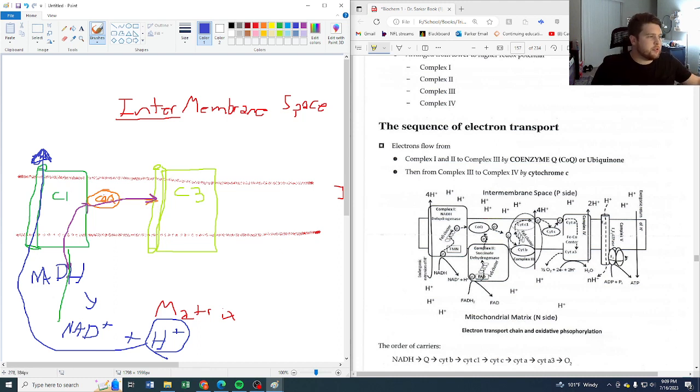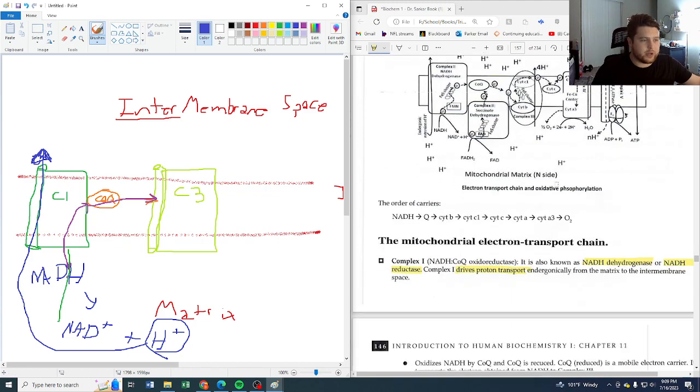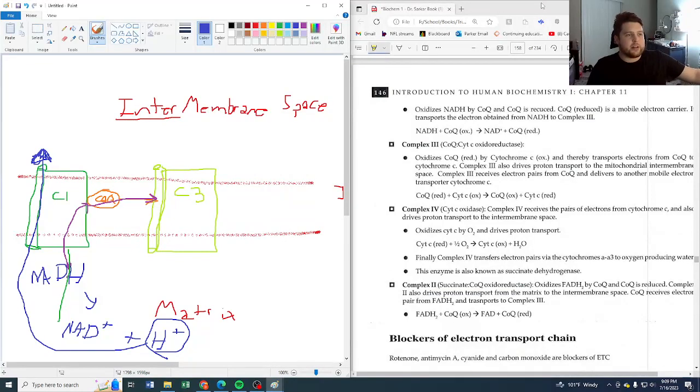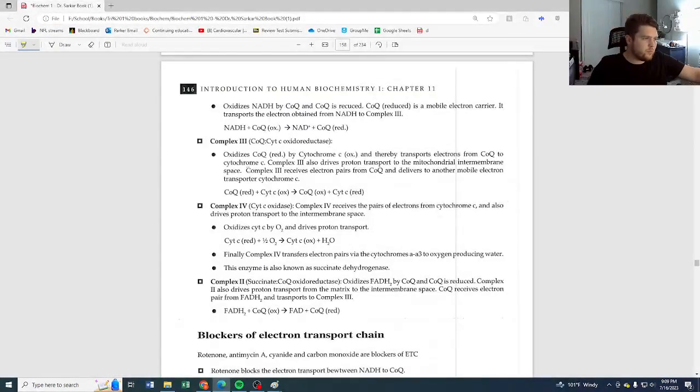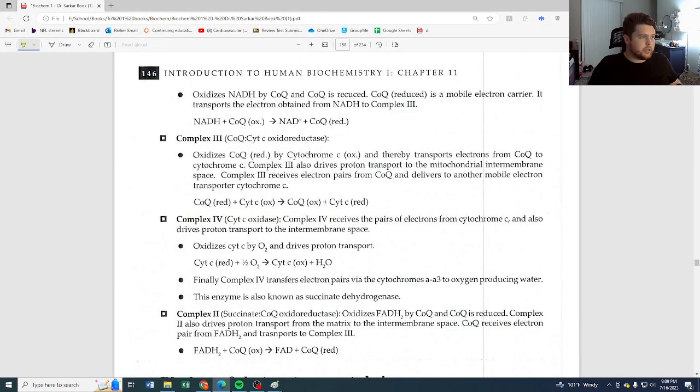So our coenzyme Q then gets those electrons and passes them to our complex number 3. Well, let's talk about that. Complex 3 oxidizes CoQ. Just think about it like oxidizes, meaning that it loses electrons.